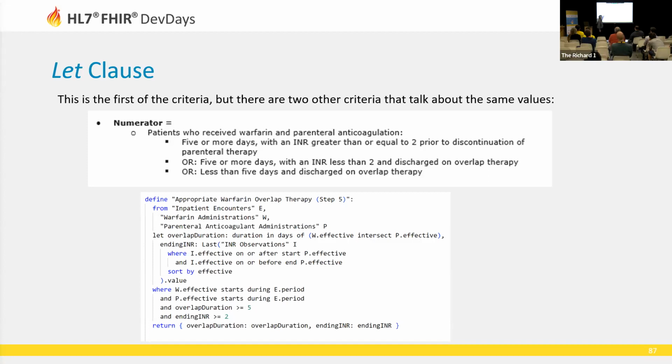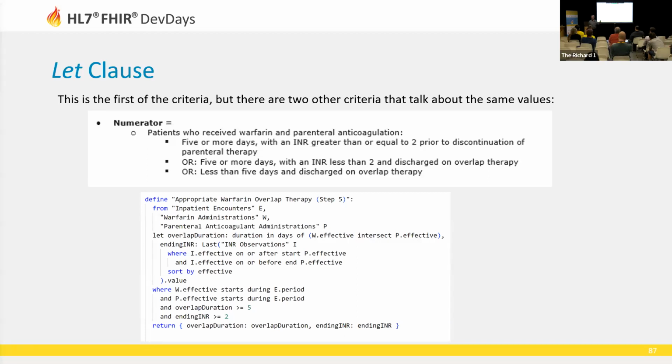We take both of those and we say so now I can talk about overlap duration as that expression and ending INR as that expression. And then I can say the overlap duration is greater than or equal to 5, and the ending INR is greater than or equal to 2. Right? So that's that same first criteria, but now expressed using the lets.